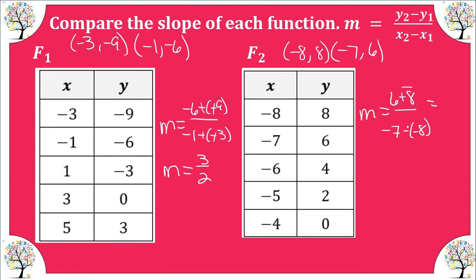Keep, change, keep, change. So here we have negative 2 over 1, and we have negative 2 again. So this looks like maybe it was the same problem. But anyway, again, you ignore the negative. This is 1.5, so function 1 is less than function 2, looking at the slope.